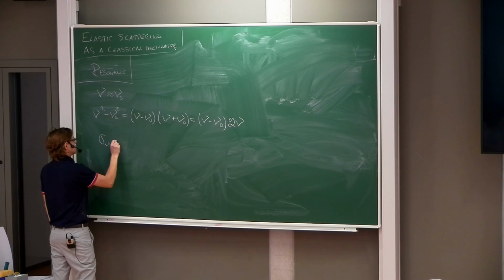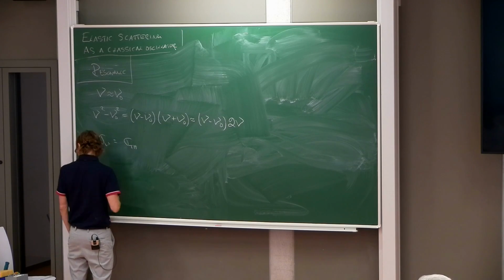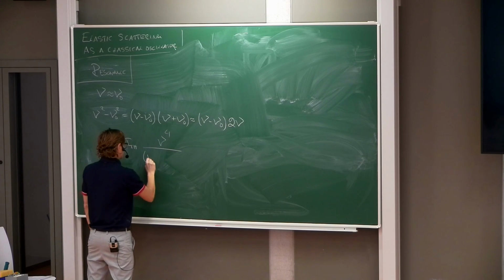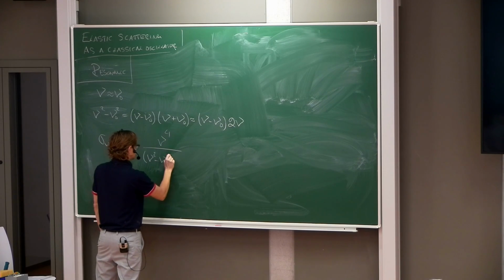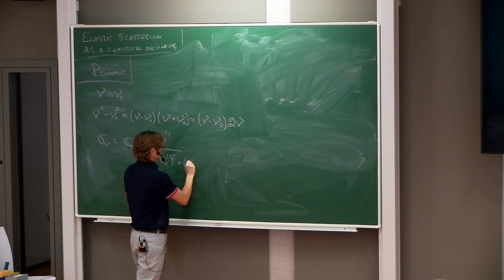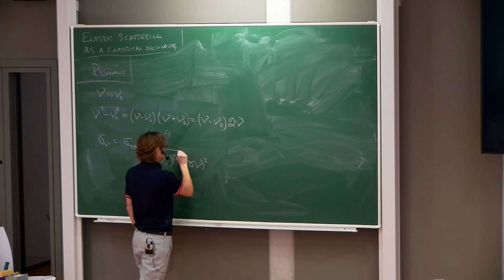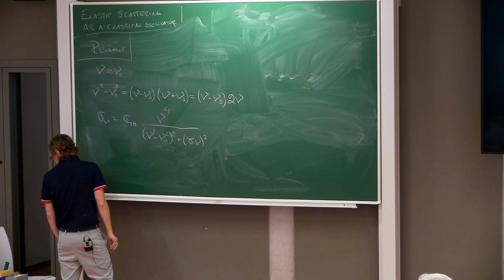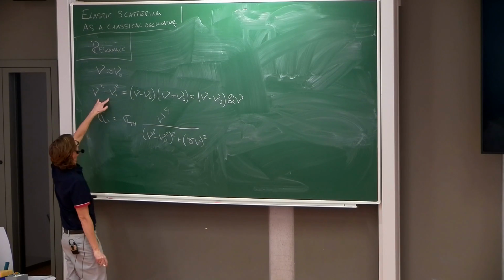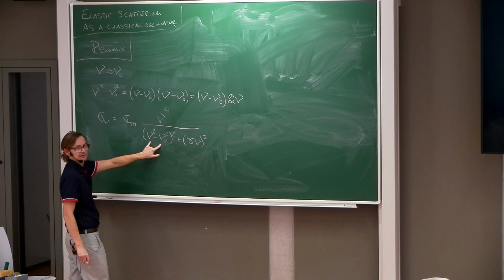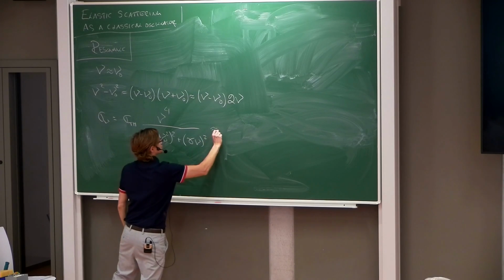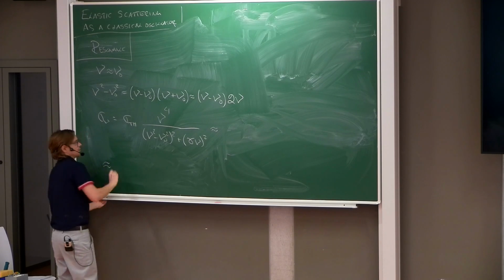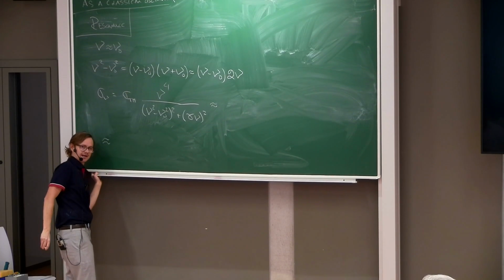We write again the cross-section. This is the expression we had before: nu squared minus nu 0 squared plus omega nu squared, right? And now we just use this one in that, okay? And then we just rewrite this, and you can fill in the blanks here yourself.